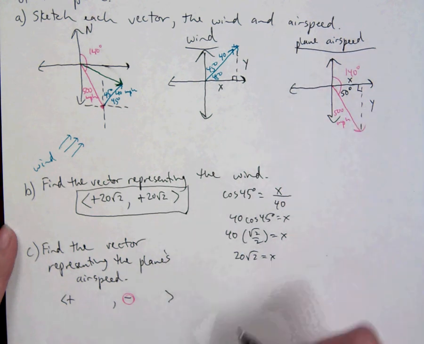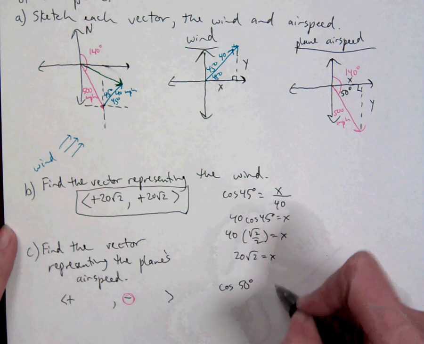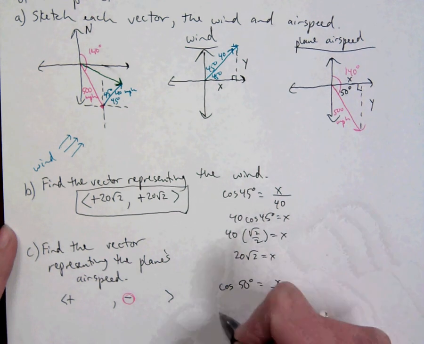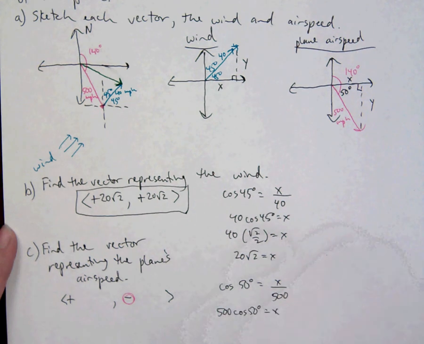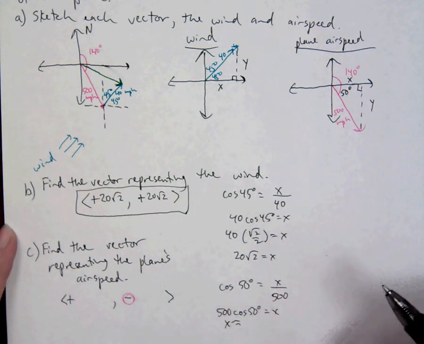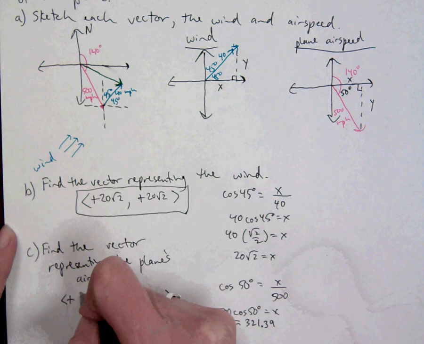So again, let's go ahead and set up our trig functions here. So we've got cosine of 50 equals x over 500. If I go ahead and multiply 500 cosine of 50, cosine of 50 is not something that I have an exact value for, so I'm just going to type it into a calculator. And when I type that in a calculator, I'm going to get 321.39.